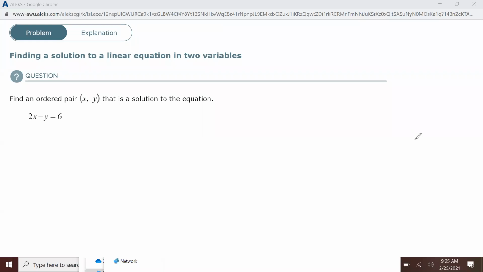This time we will come up with our own solution to the equation. To do that, we pick any number we want for x. I'll pick x equals 3. So replacing x with 3, what does y have to be so that everything works out and my solution really is a solution to the equation?